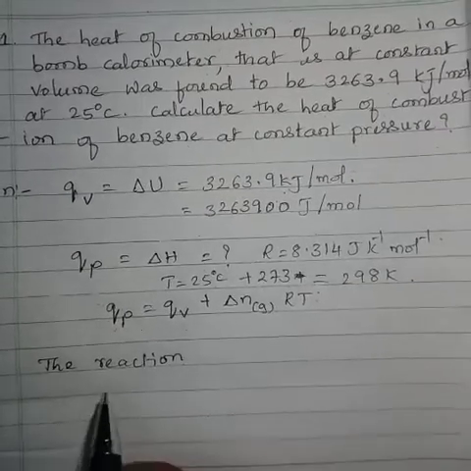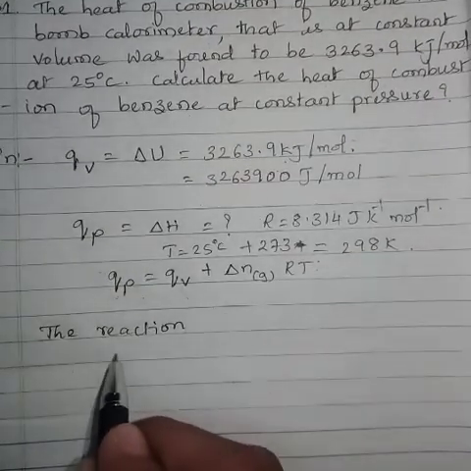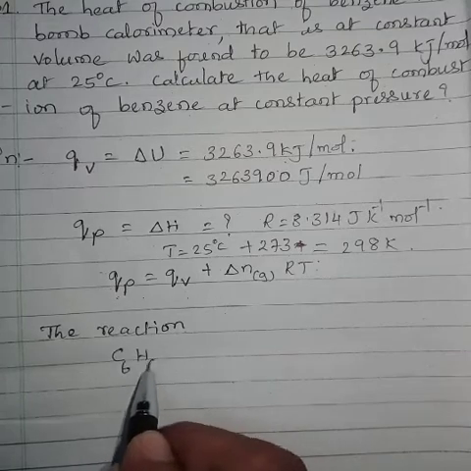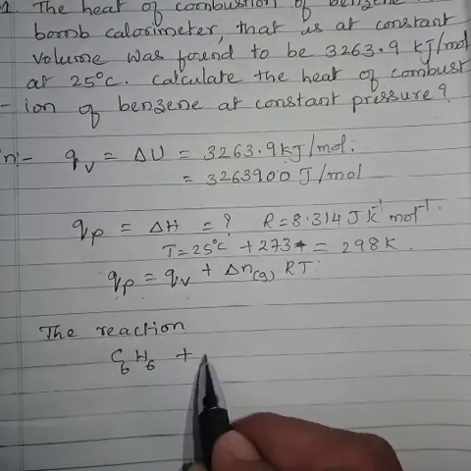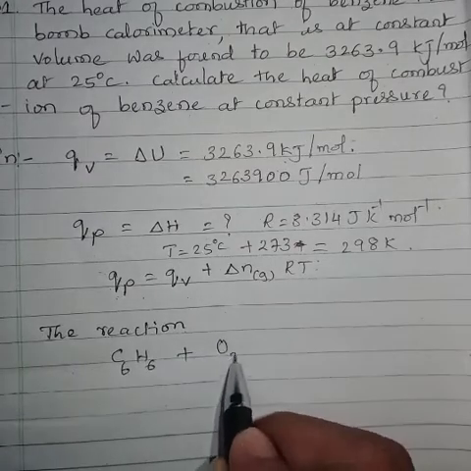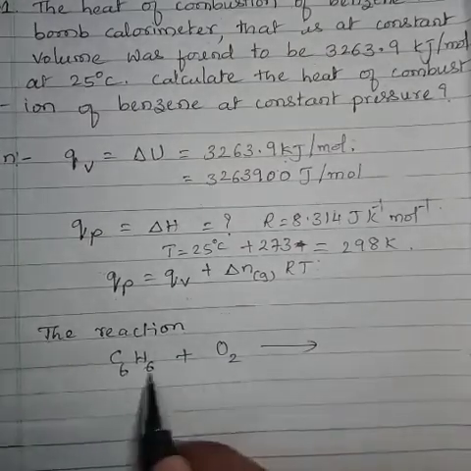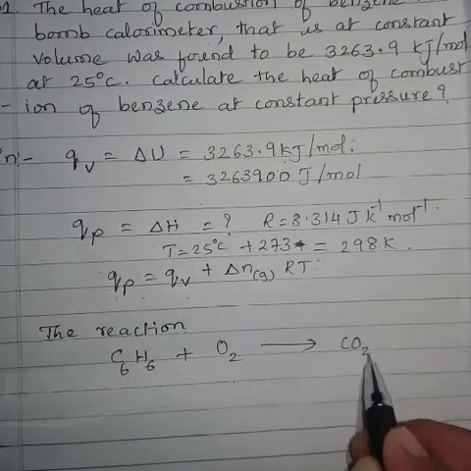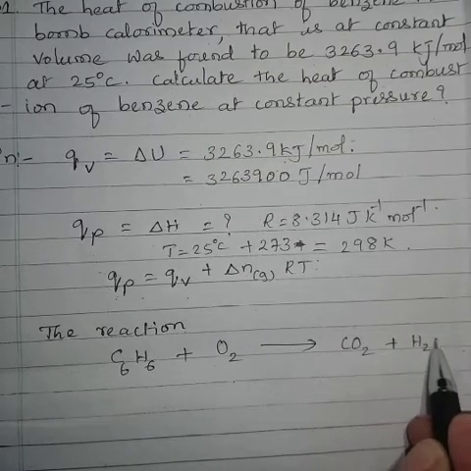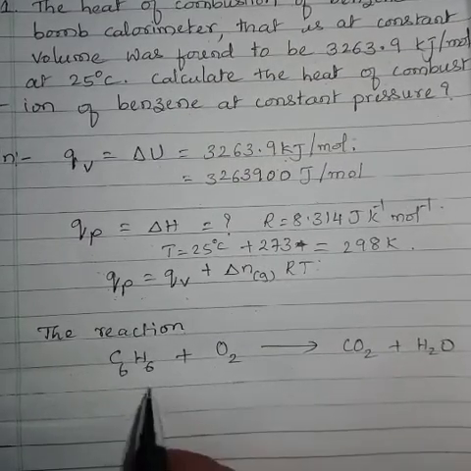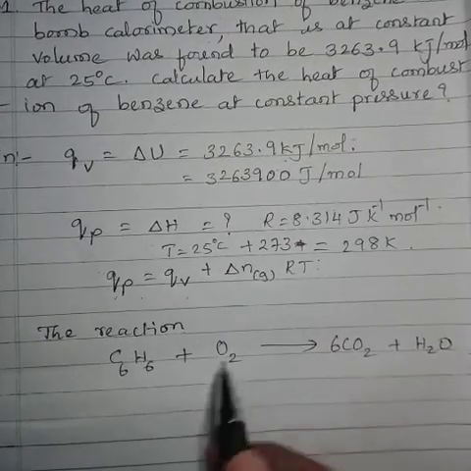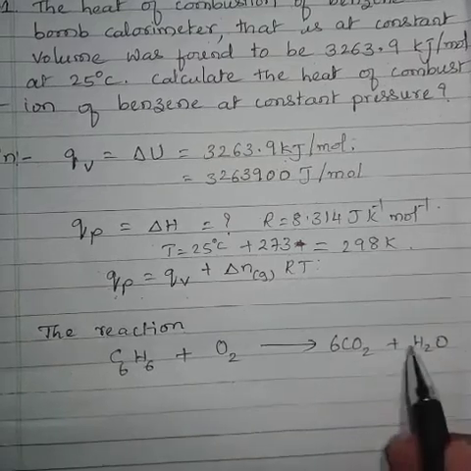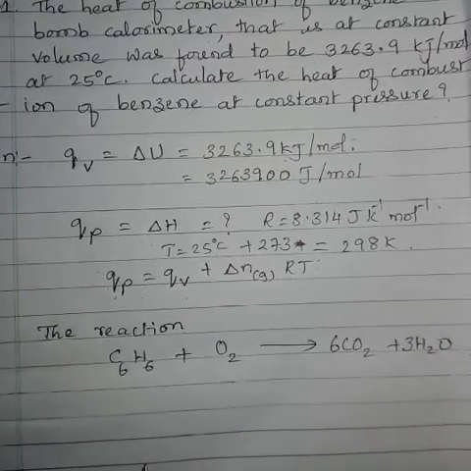The reaction, that is benzene C6H6, and we are heating in the presence of oxygen, that is combustion. So oxygen on burning gives carbon dioxide and water. To balance this equation, 6 carbon atoms are there, so I am writing here 6, and 6 hydrogen atoms are there, so I am writing here 3.